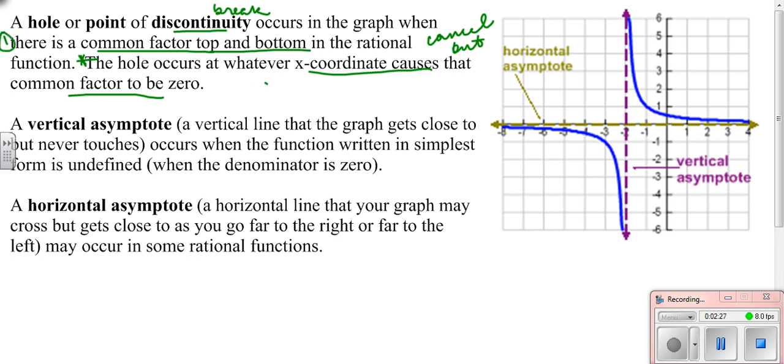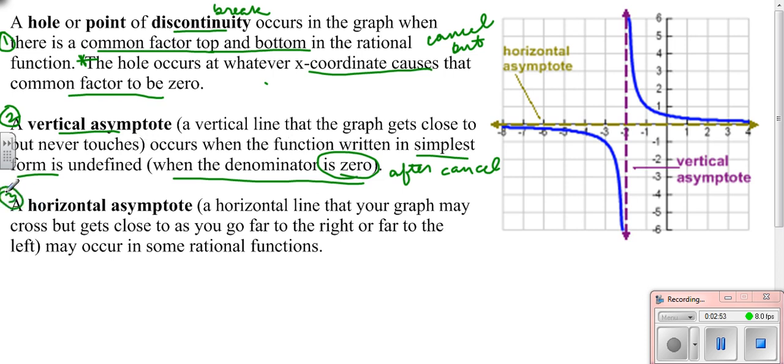That's the first thing. The second thing is a vertical asymptote. That is going to occur when the function is written in simplest form. So after we cancel, we need to figure out when the denominator is 0. And that value that would make it 0 will be the vertical asymptote.